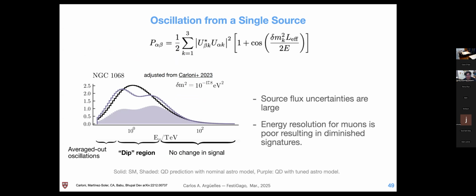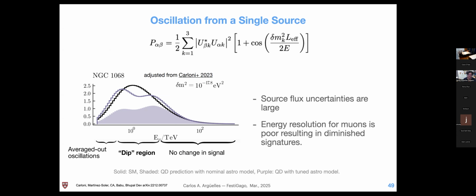If we look at a single source, what we can look at is the distortion of the spectrum of the source. What is shown here on the left is the expected number of events in an IceCube detector for a model for NGC 1068, shown as a black line. And then when you put in the oscillations, what you get is this histogram here, which is very different from the original source prediction.